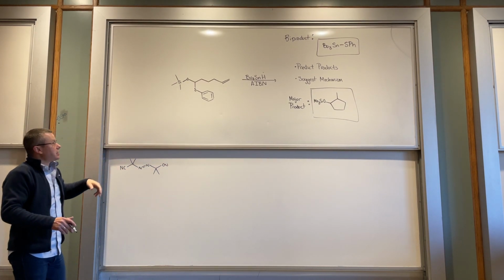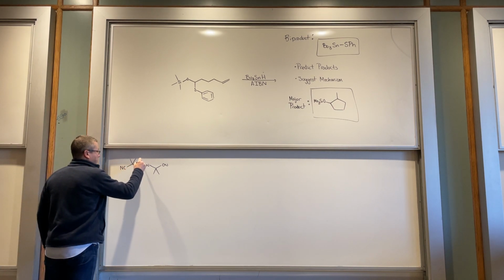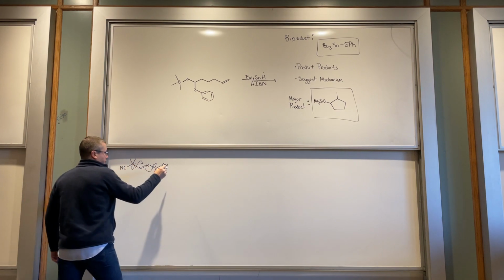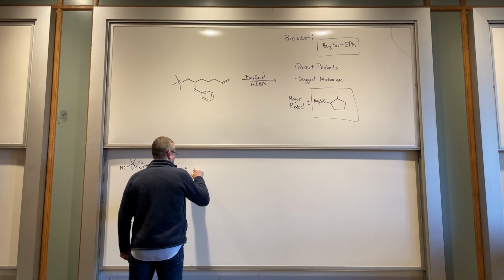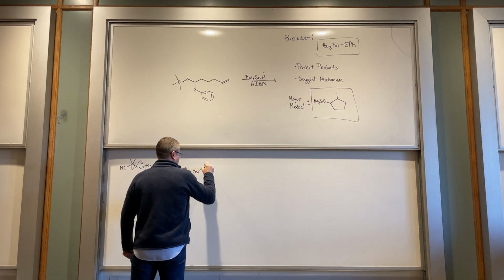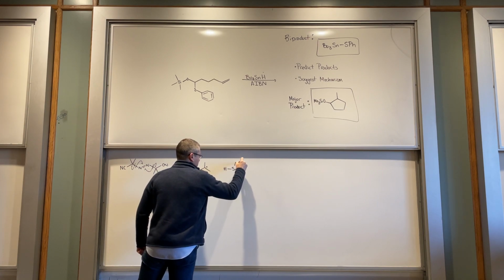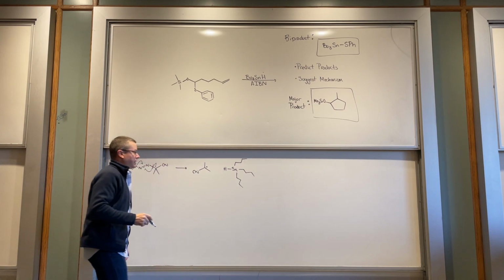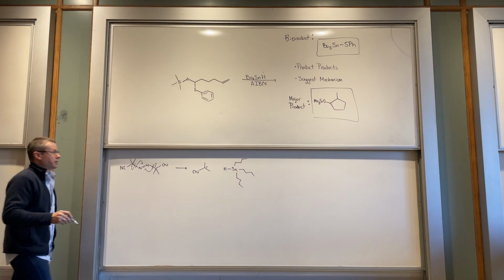alkene. So this starts off with the radical initiator, the AIBN, that's going to decompose to produce two radicals. And that's going to then be able to abstract a hydrogen from tributyltin hydride.